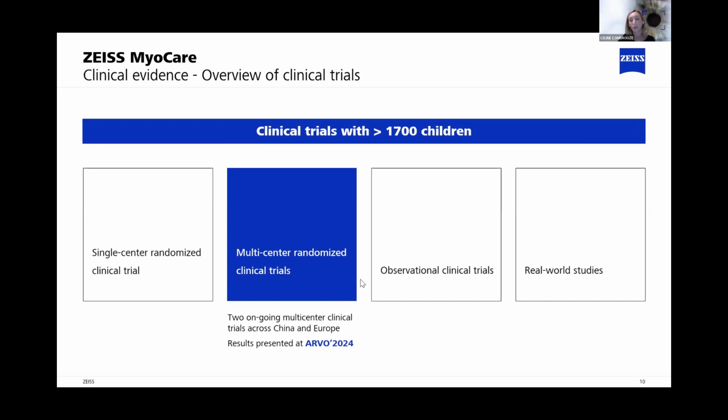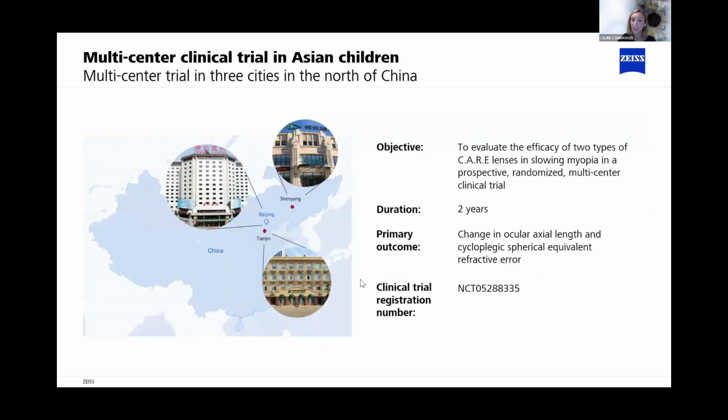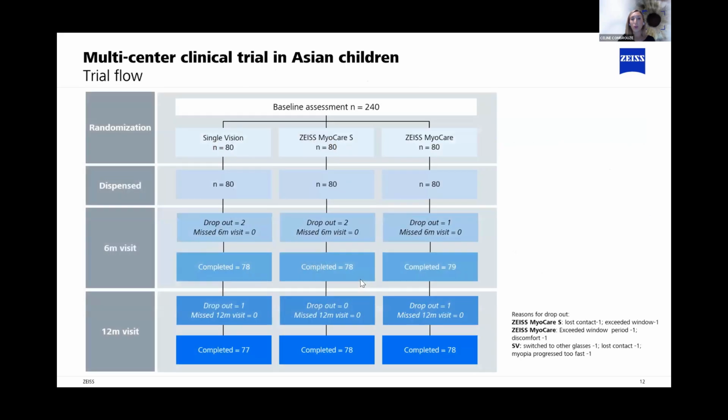What I'm going to share with you now are intermediate results of a 24-month study from China and a 12-month study from Europe. This study in China is going to be a 2-year study. It's a multi-center clinical trial. We have 240 children involved, divided into 3 groups: a control group, 1 group wearing MyoCare soft design, 1 group wearing MyoCare hard.